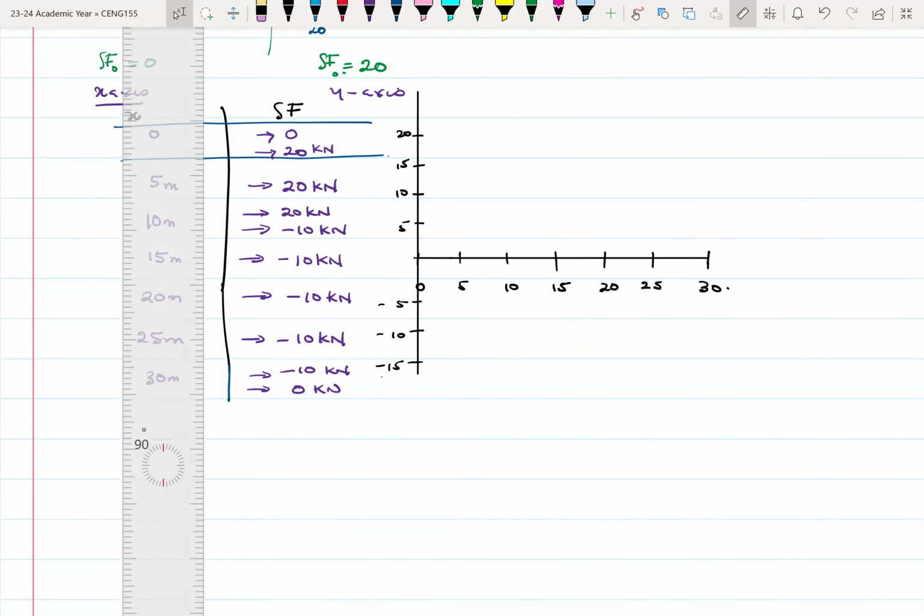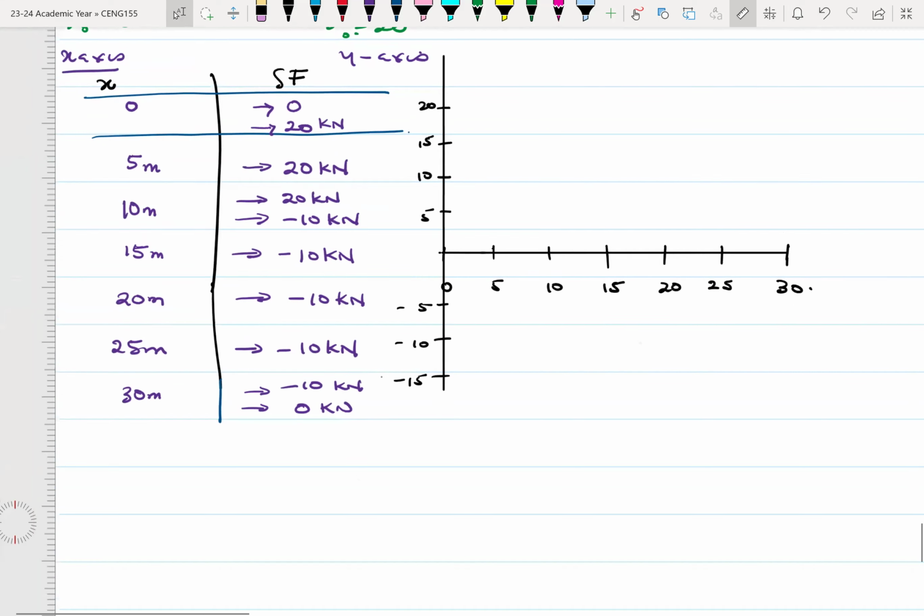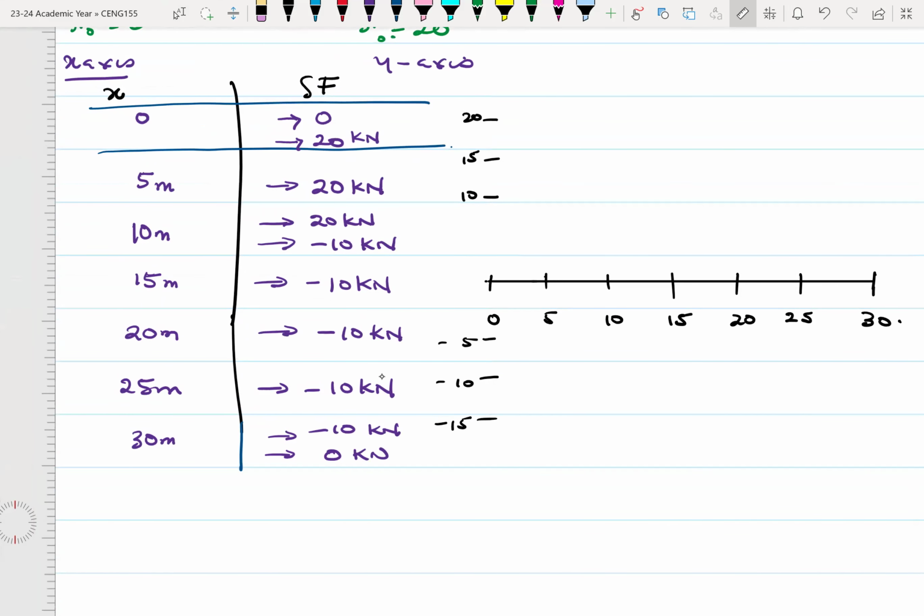Now let's see how this whole thing is going to turn up. Let's start with the point at 0. When x is 0, we have two values for y. One value is 0, and the other value is 20. Good. When x is 5 meters, it is 20.